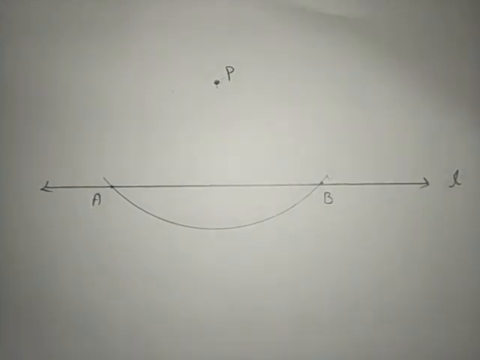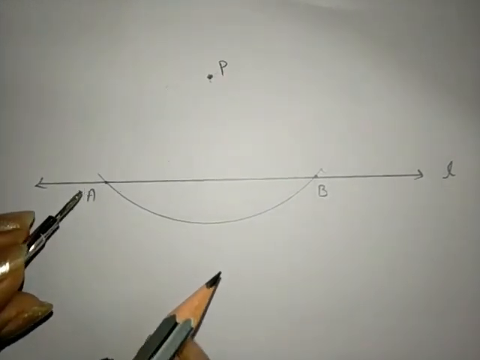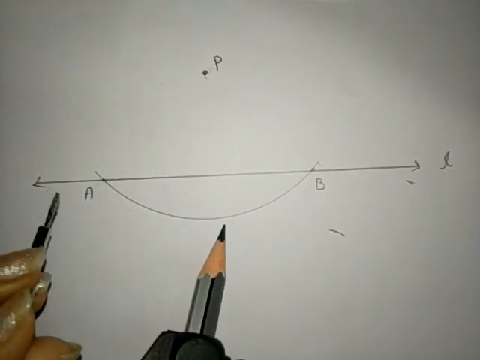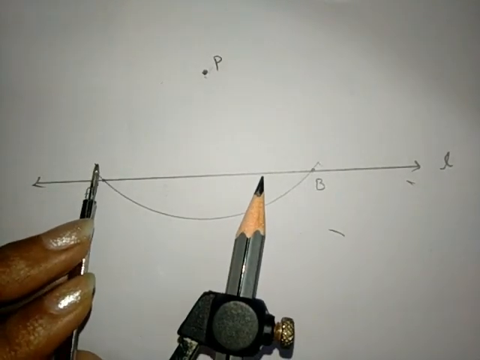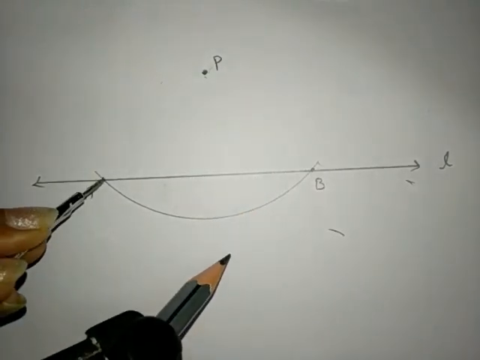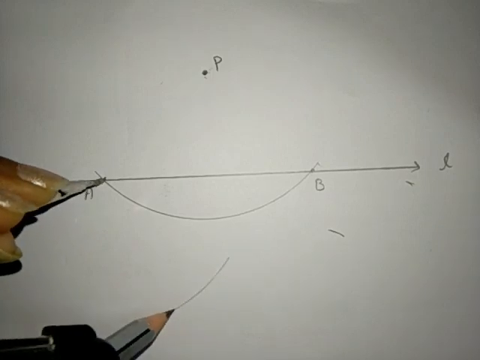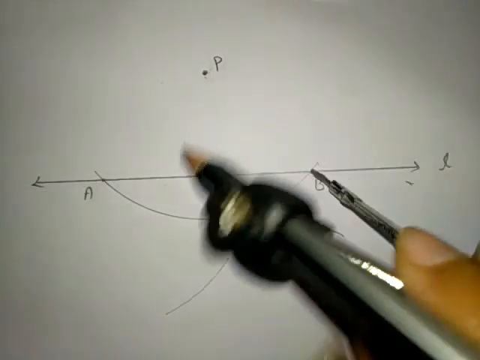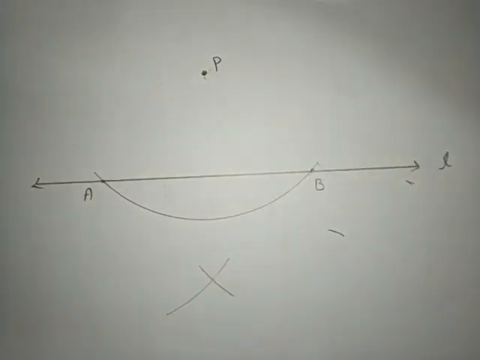Now similarly, keeping the compass on point A, here we are not going to adjust any compass as we have done in the previous construction. Now simply I will draw an arc here, keeping on point A, and keeping on point B, again I will draw one more arc. Here I have got one point.